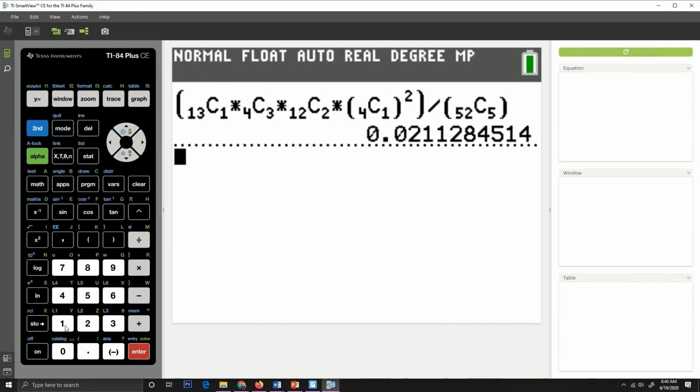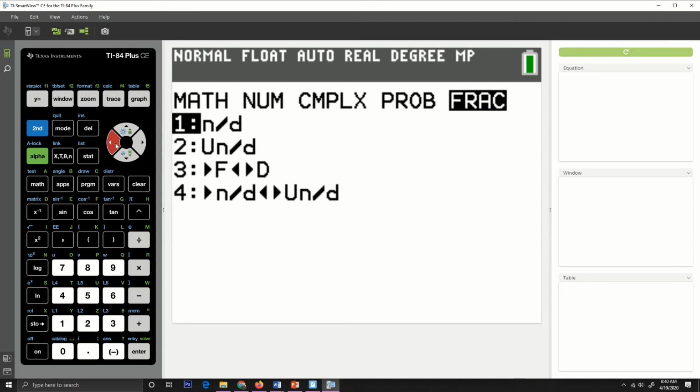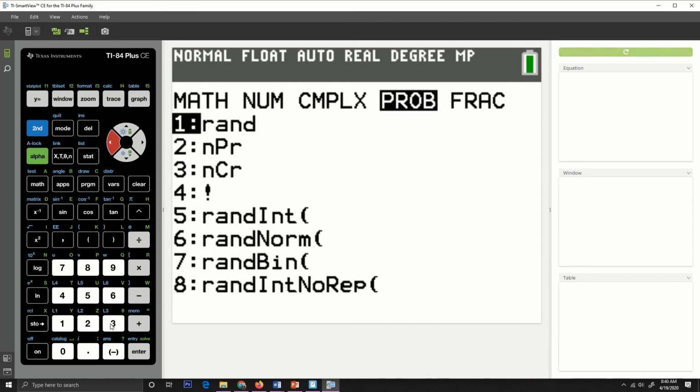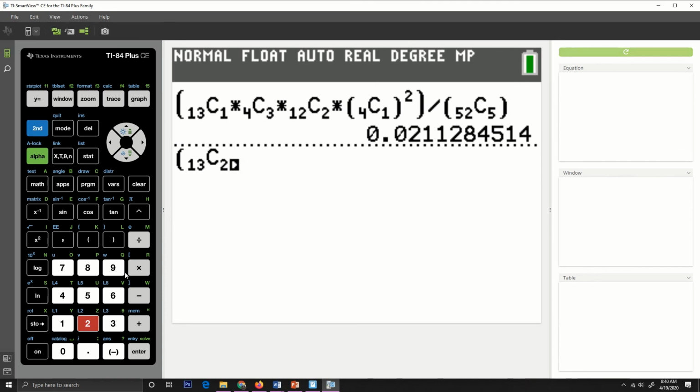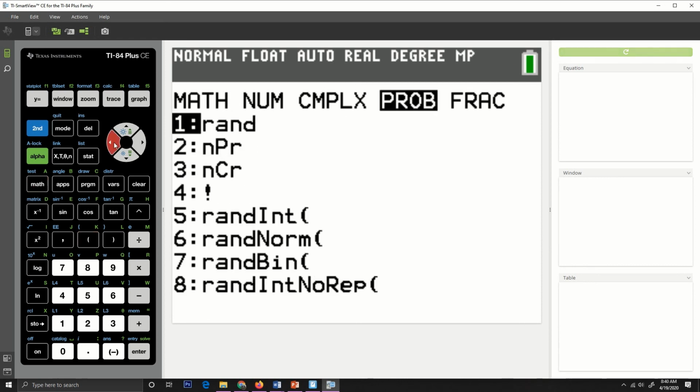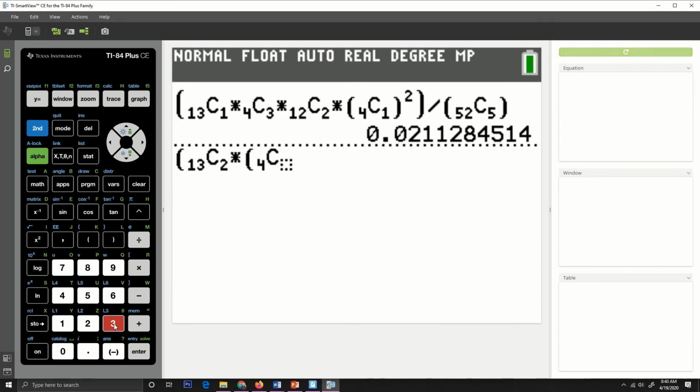Making that calculation, I'm going to put parentheses again. We have 13, math, go over to probability, hit 3, we're choosing 2, and then come up, we're going to multiply. And then for each of those 2 values, we have 4 cards, of which we're going to choose 2. And since each of those has to do 4 choose 2, we are going to square that value.